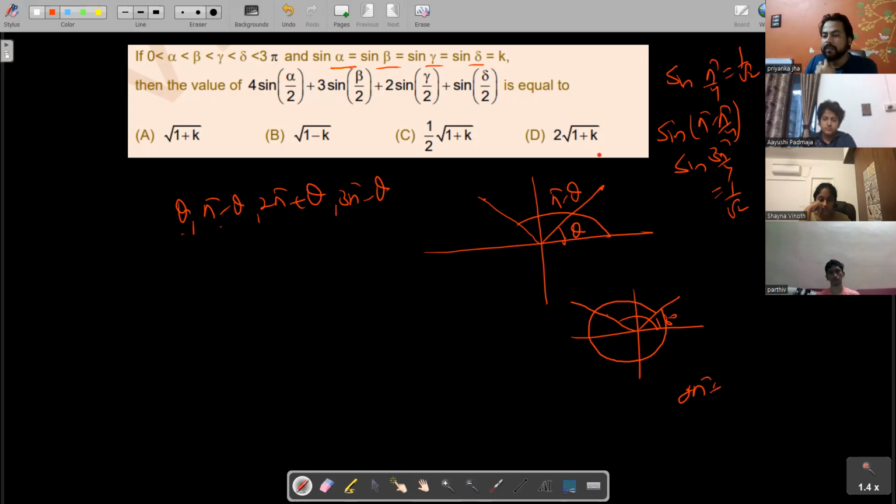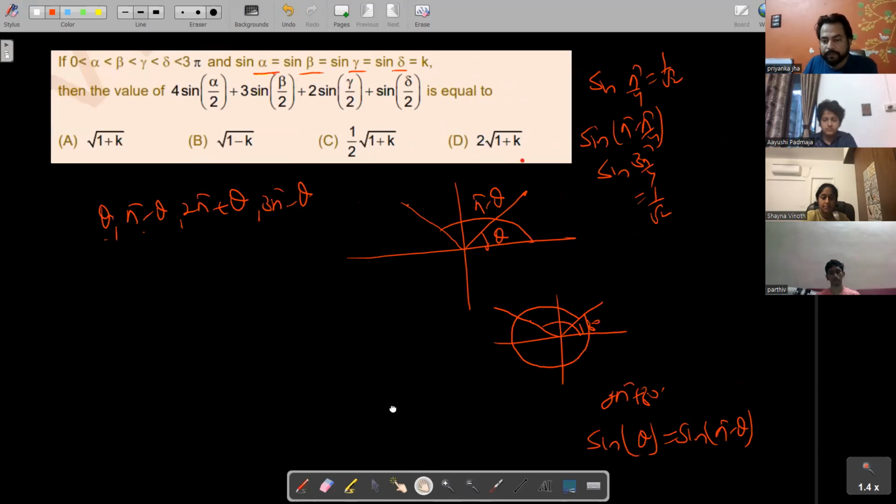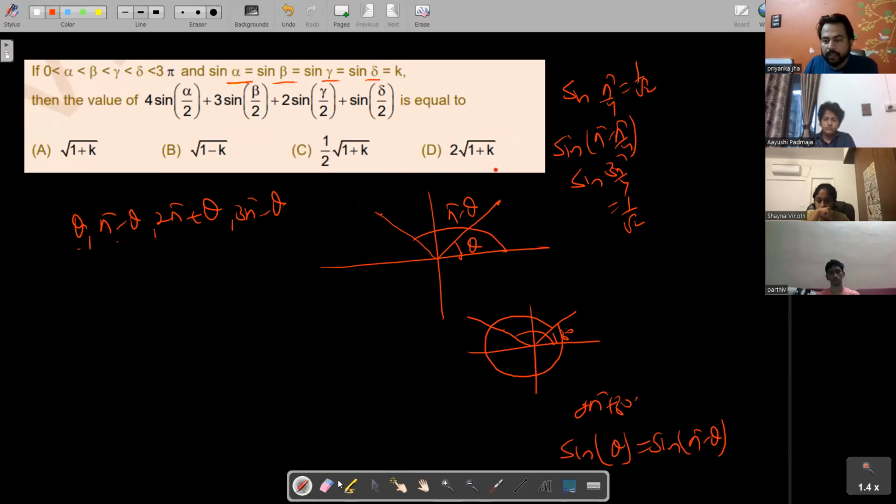So 2 pi plus 30, again you will get the same thing. Now because sine of theta is equal to sine of pi minus theta, is equal to sine of 2 pi plus theta, is equal to sine of 3 pi minus theta. See, this is 0, this is pi, so one complete round, this is also 2 pi.